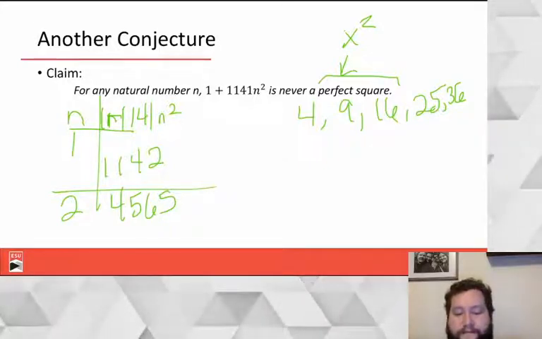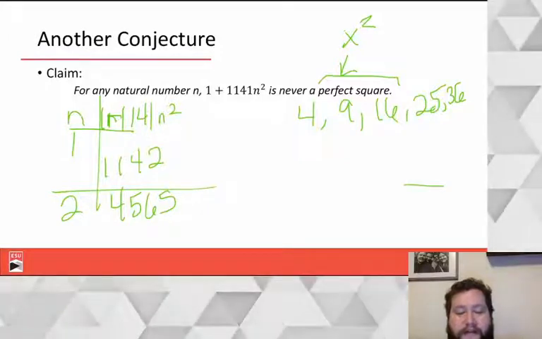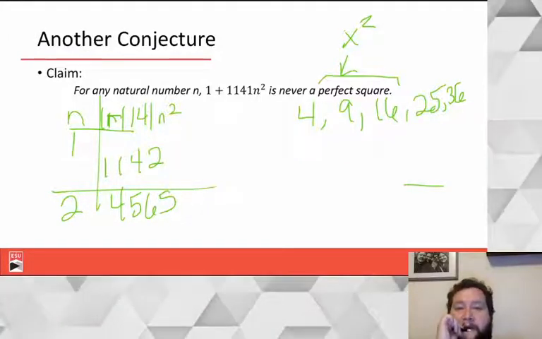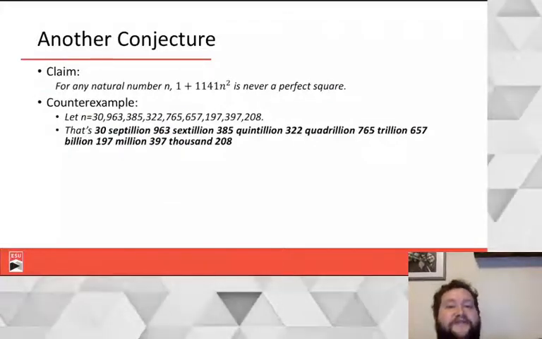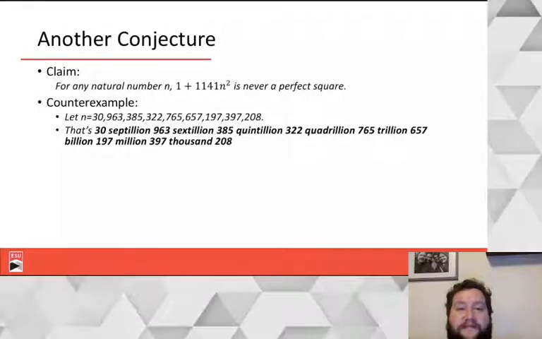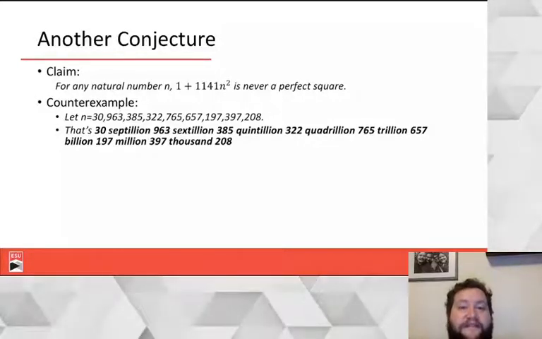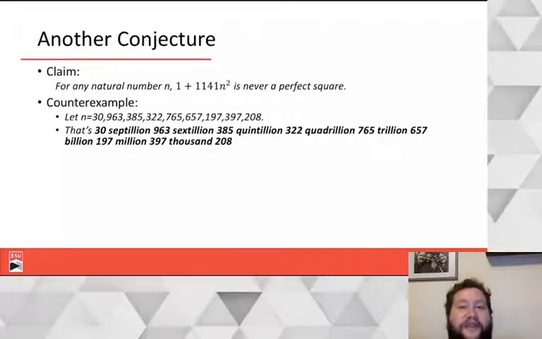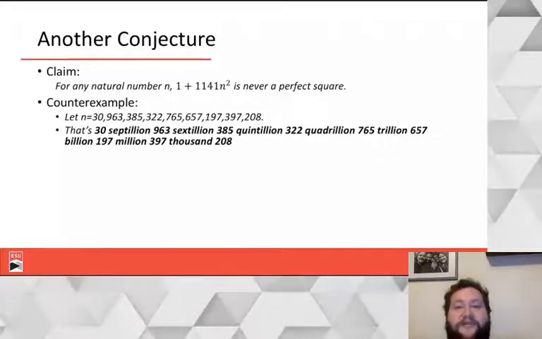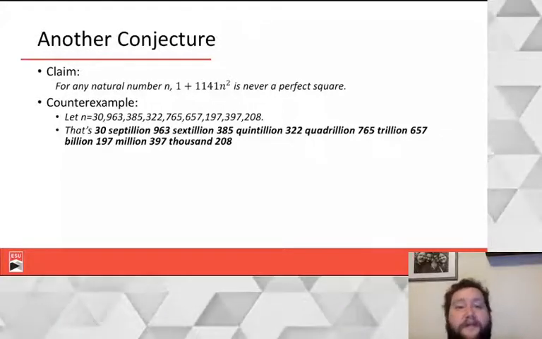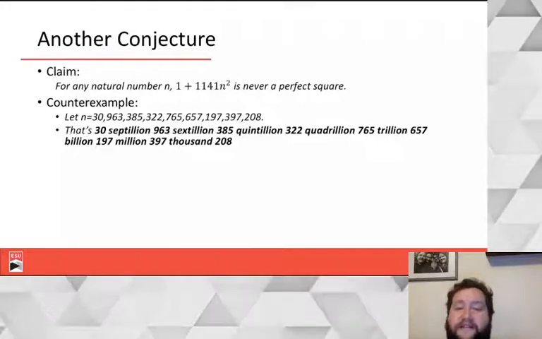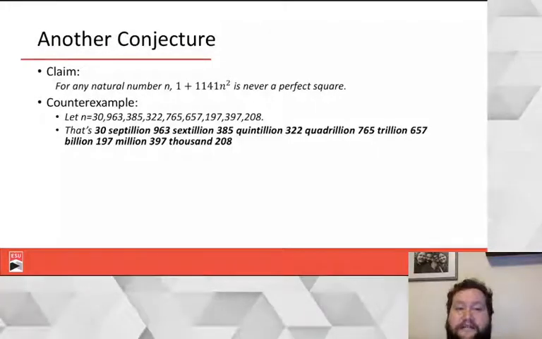But it turns out it isn't. The smallest number for which that doesn't work, if you let n equals 30 septillion, 963 sextillion, 385 quintillion, 322 quadrillion, 765 trillion, 657 billion, 197,397,208.